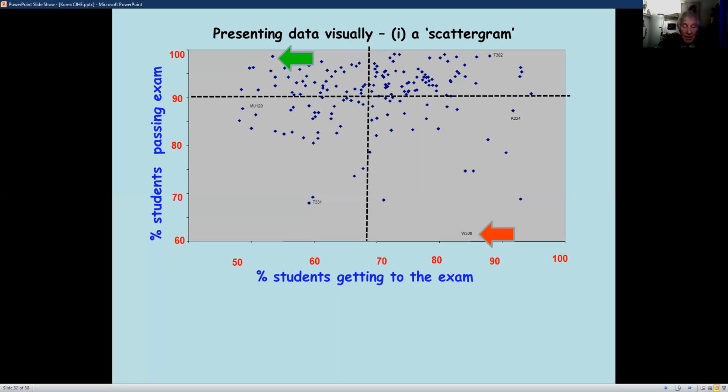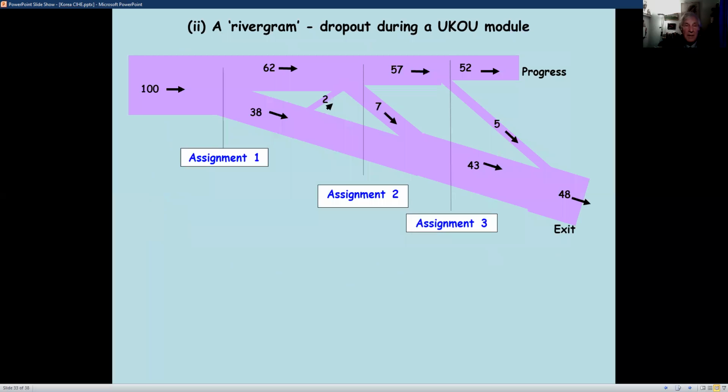Another way of looking at a module is to look at how students drop out when they're studying it. So this example is what I call a rivergram. It shows how Open University students dropped out during a particular module.